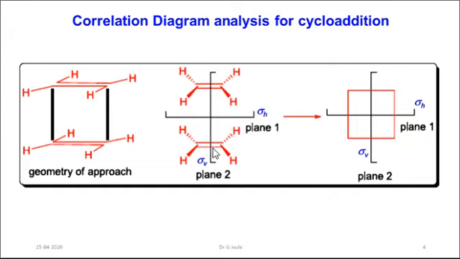The approach of two ethene molecules, as shown in this first figure, is considered as them approaching each other in a parallel way. There are two symmetry planes present in the starting material, as well as in the transition state, and they are also present in the final product.